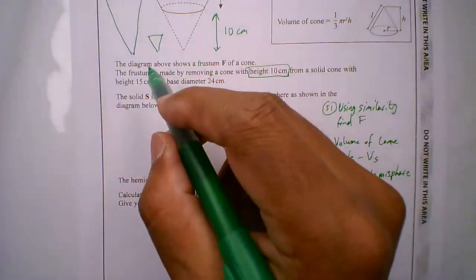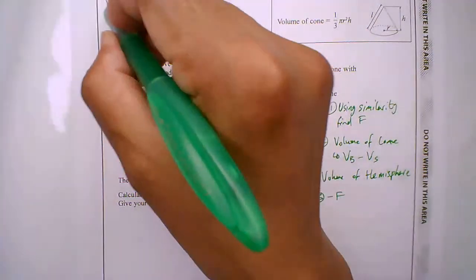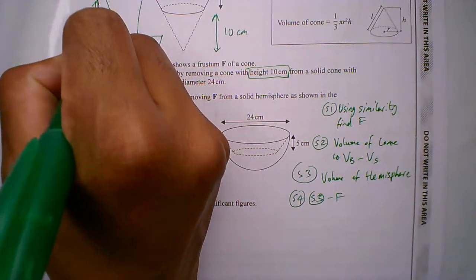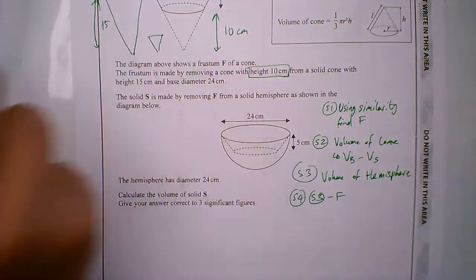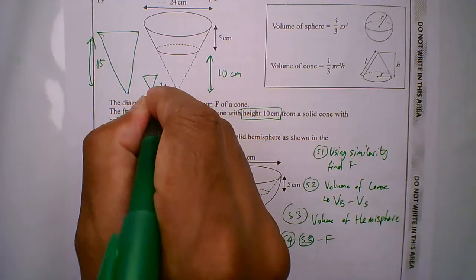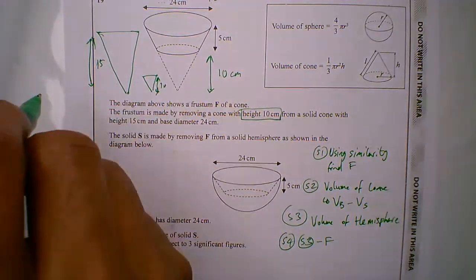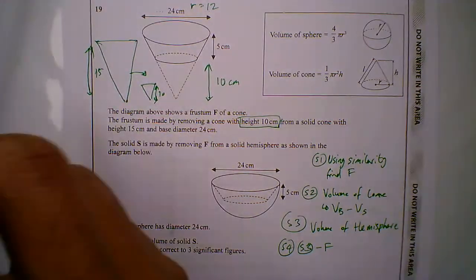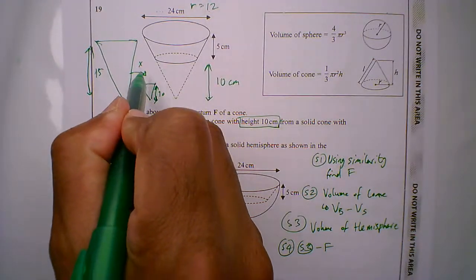So we've got this. If all of this is 15 and this part is 10, what's the scale factor here? So what am I multiplying by?